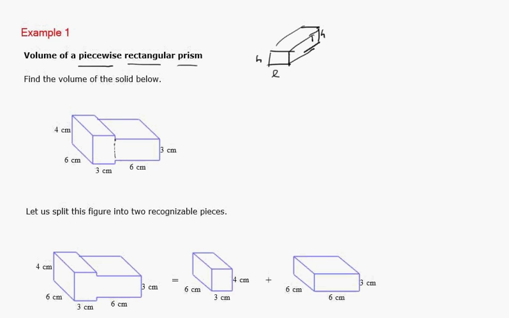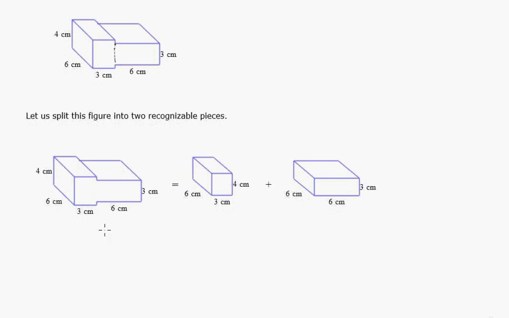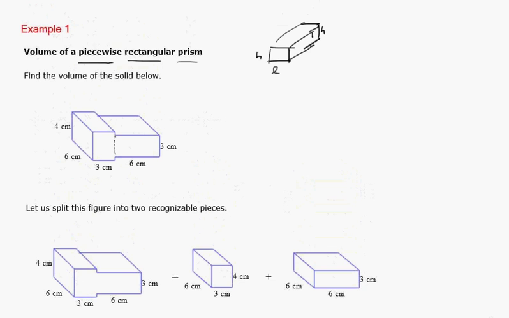And in fact, ALEKS, I couldn't help but copy this. ALEKS does a great job explaining this. So the volume of a prism is equal to the length times the width times the height, or whatever you want to call these dimensions.